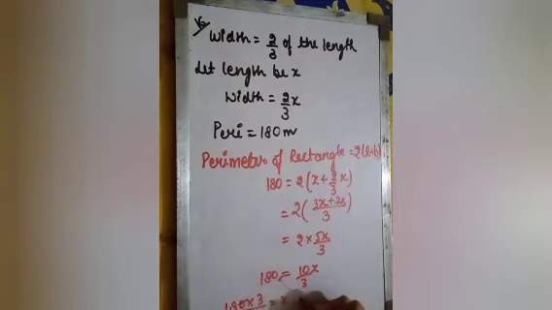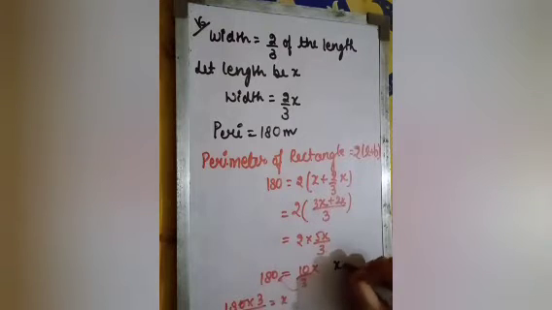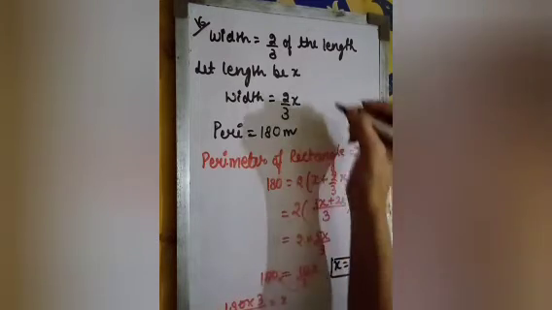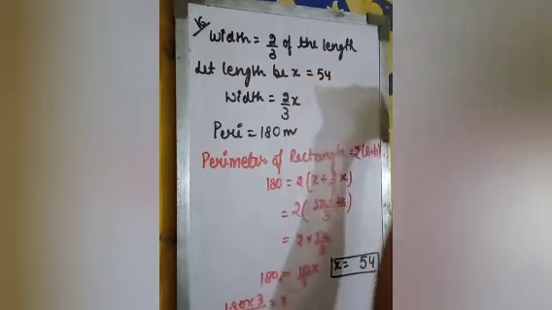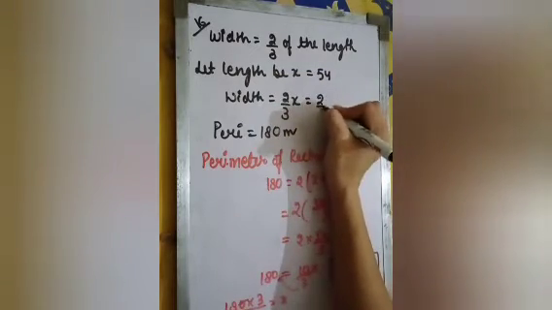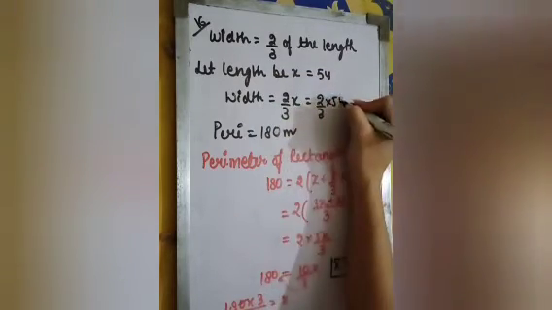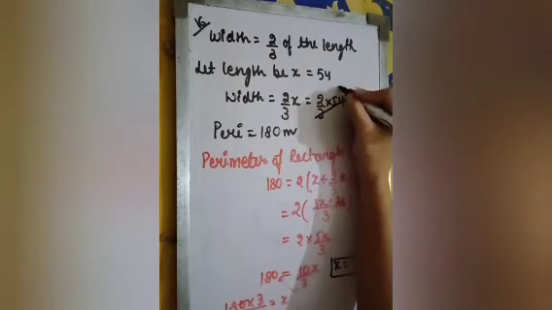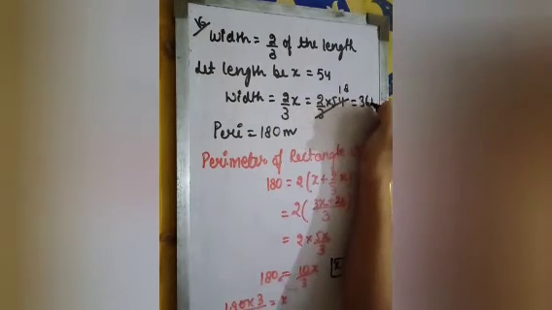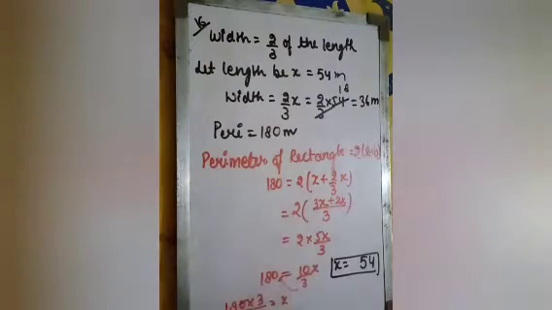So it will be x equals to 54. This is the length. So length was x, it is 54. And breadth is 2/3 of x. It is 36 meter. Okay? Easy? Now move on to the question number 17.